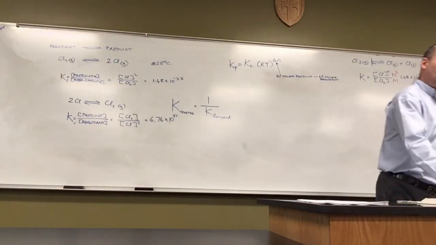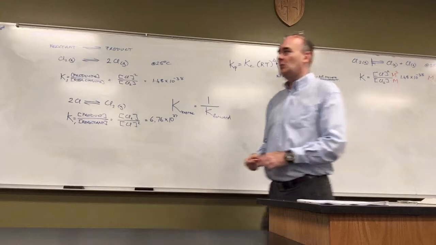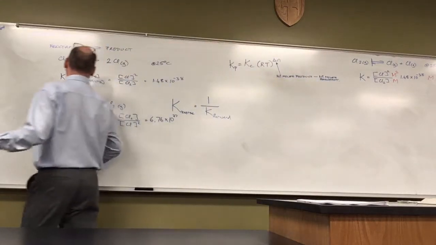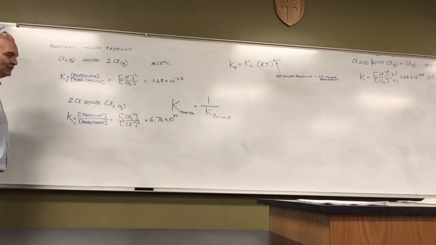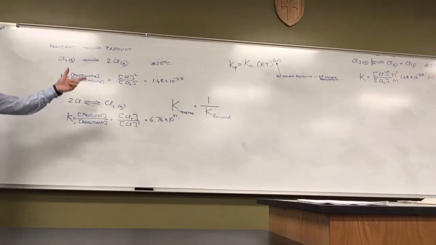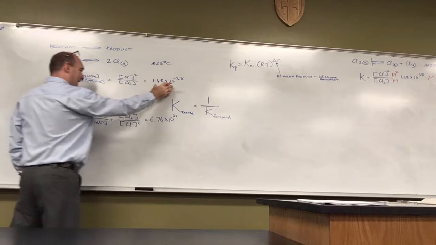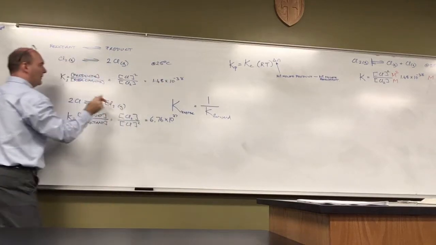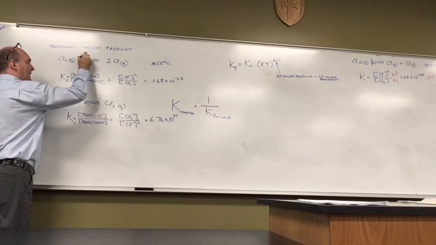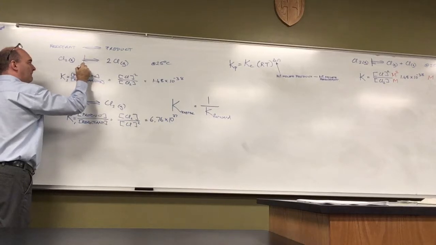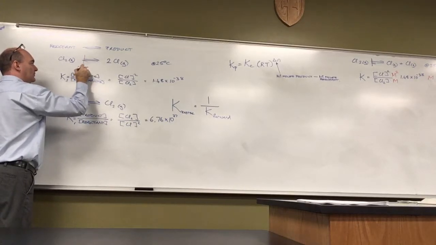Let's look at these numbers and rationalize what the values mean. Normally when we want to rationalize a number, we have to look at its units and its magnitude. There are no units. This is an infinitesimally small number. It tells me that the equilibrium position is somewhere here.